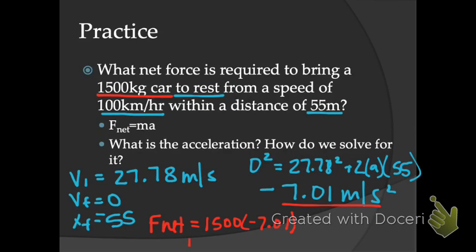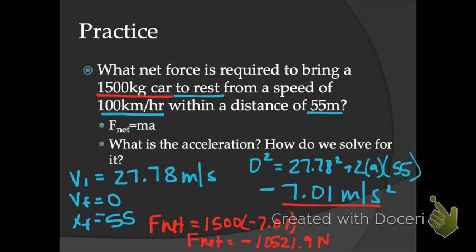And I get a net force of negative 10,521.9 newtons. So what does it mean to us that our force is negative? It just means that it's opposing my motion.